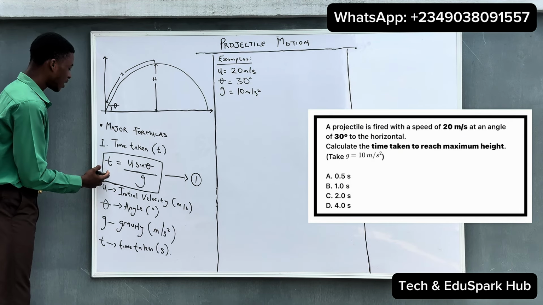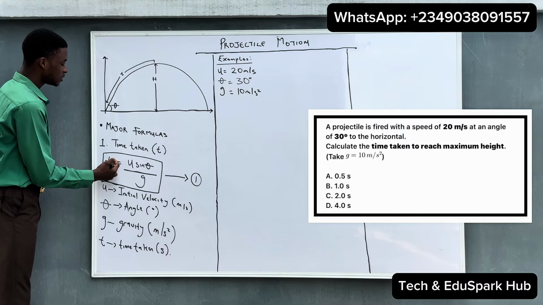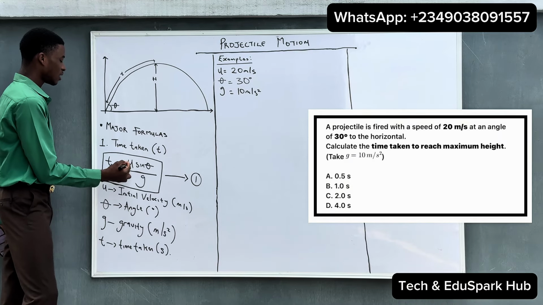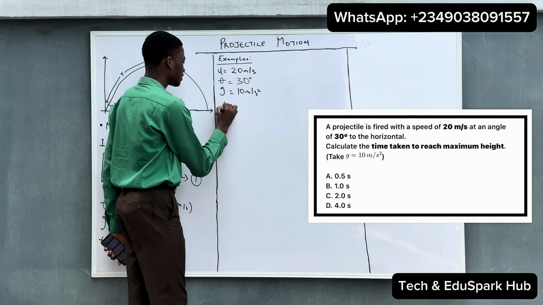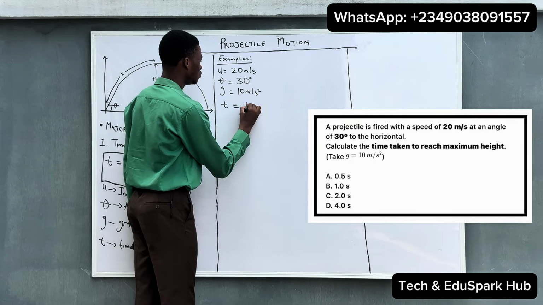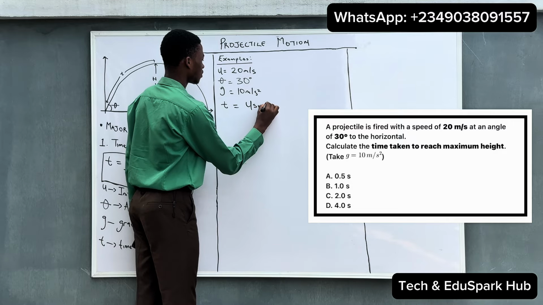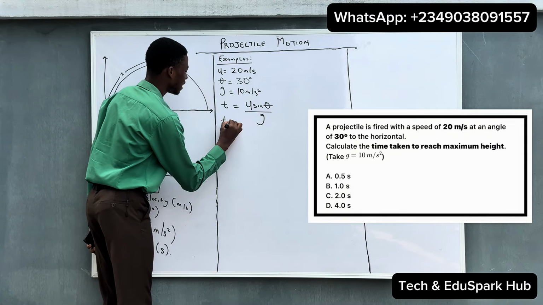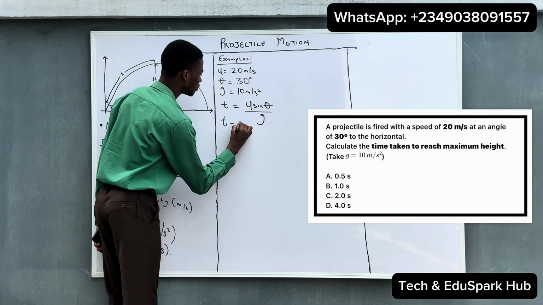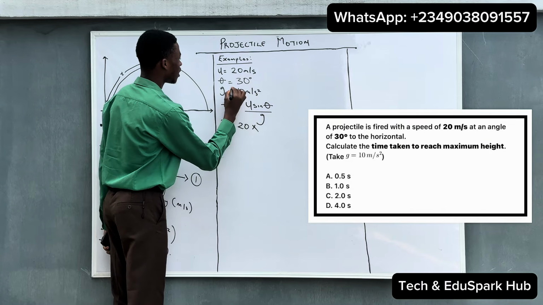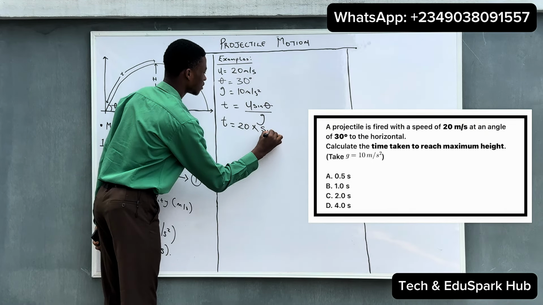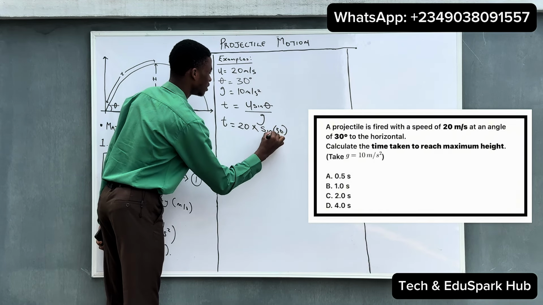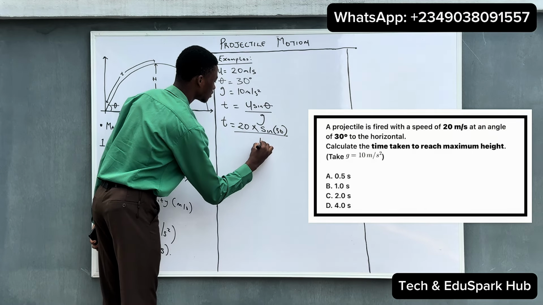From our formula, we said the time taken is equal to u sine theta over g. Applying this formula, we have t, the small t, equal to u sine theta over g. Putting in our values, t equals 20 multiplied by sine 30 degrees, divided by g, which is 10.